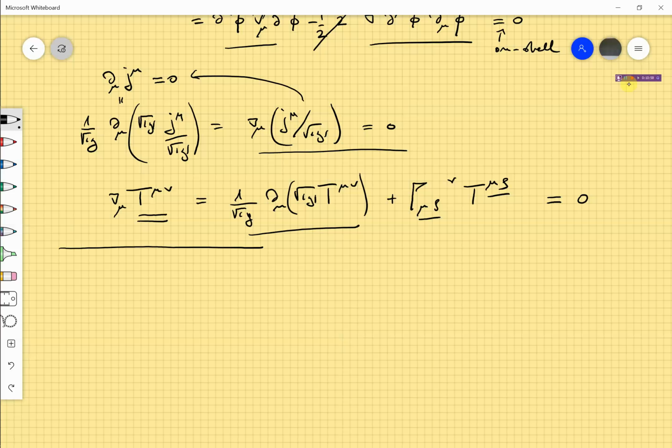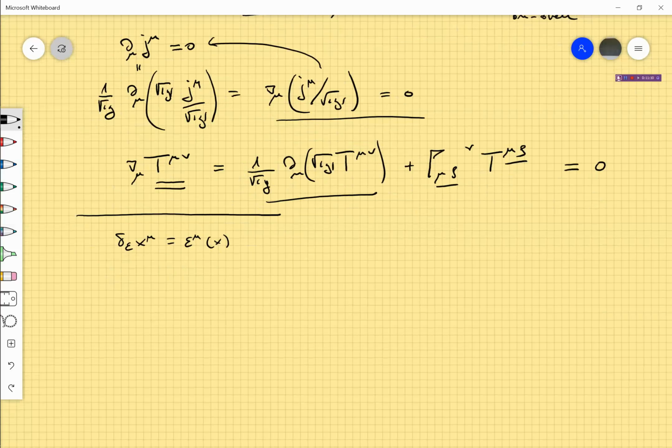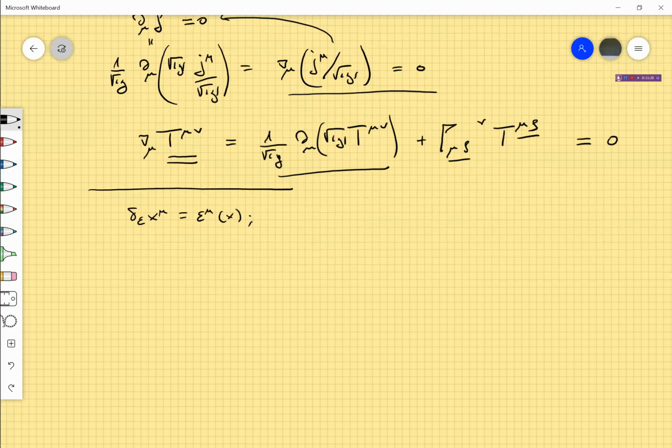So let us consider infinitesimal general coordinate transformations, which are given by an infinitesimal vector. I can decompose this into an infinitesimal parameter epsilon and a general vector, but it is enough for our purposes to do it like this. And now let us consider a field theory, for instance for a scalar field that also includes the metric as a background field.